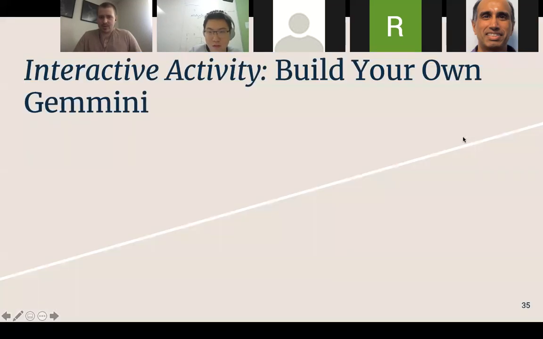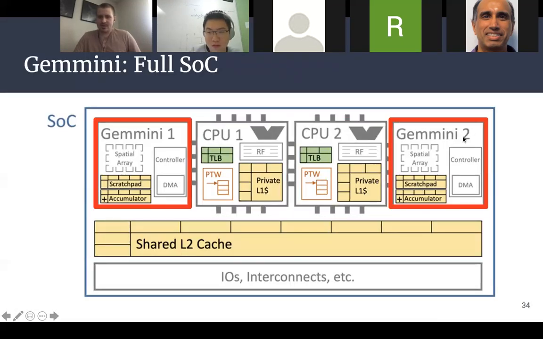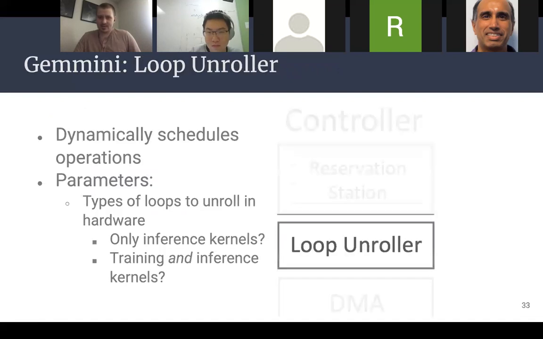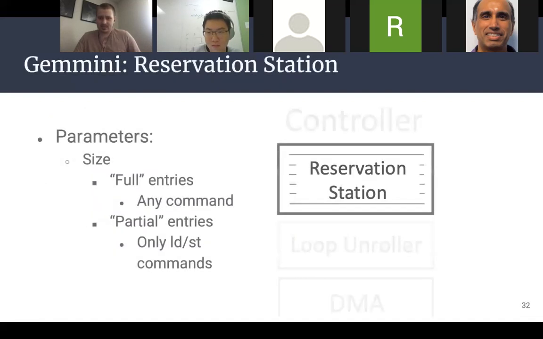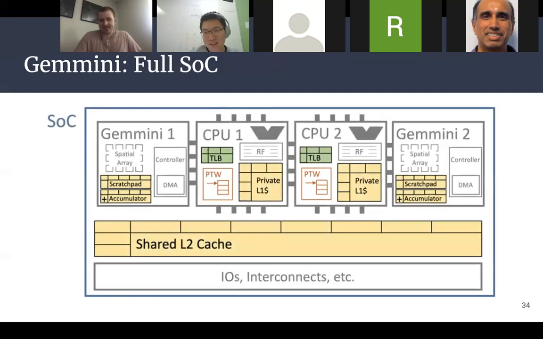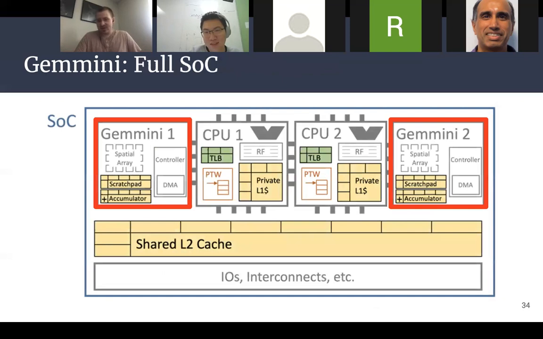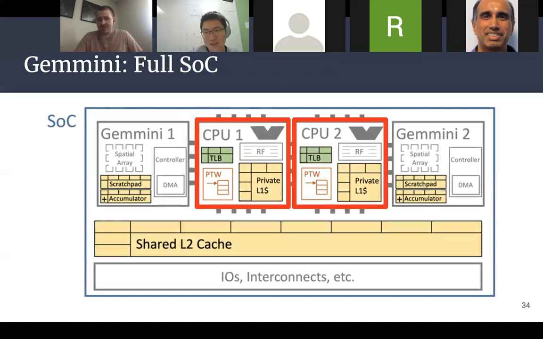I have a quick question as well. How is multitasking or threading managed in Gemmini? Right now, it isn't really. You can have different cores, of course, and each one can be using its own accelerator to do a different task.